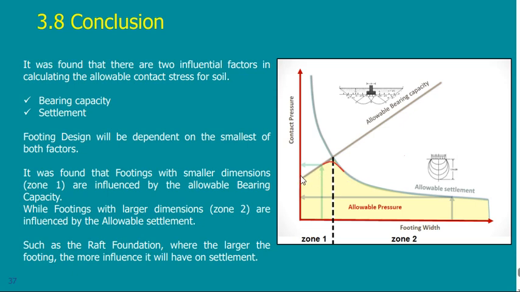I will get a higher value for the contact pressure. I will divide the load again with this higher value, so I will get another area, and so on. I will try to use these iterations till I get the exact number that matches. If I assume a width of 2.5, then I will get something very close to 2.5.